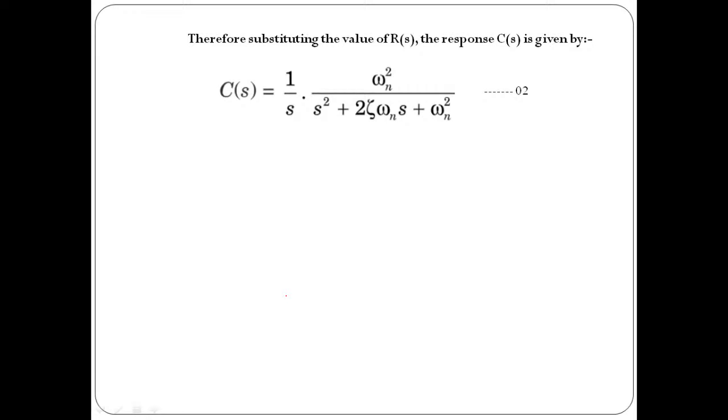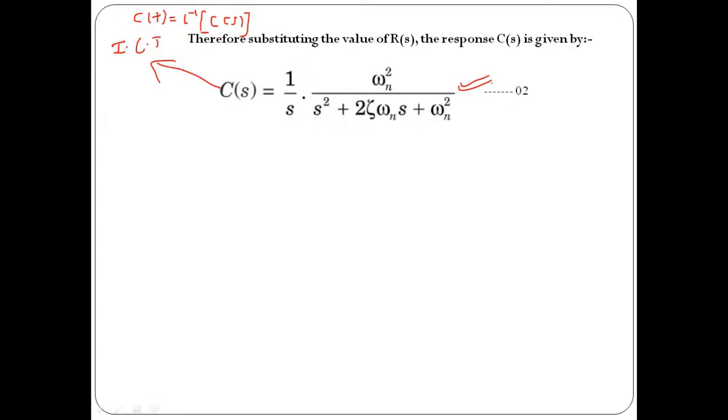Now, in order to calculate c(t) from C(s), we need to apply inverse Laplace transform. We can write this c(t) as Laplace inverse of C(s). That is important. But it is very difficult for us to find its inverse Laplace directly.